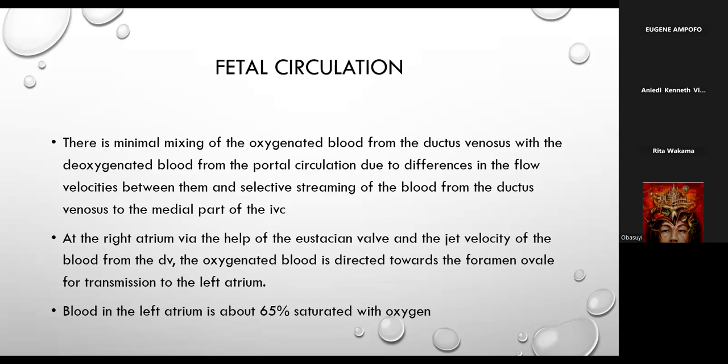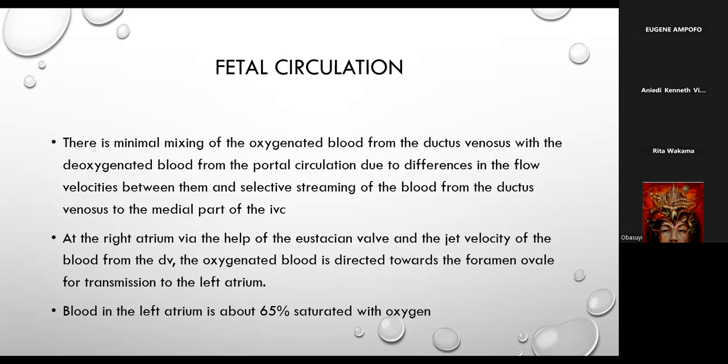At the entrance of the right atrium is a eustachian valve that directs the velocity of the blood from the ductus venosus towards the foramen ovale, whereas the other deoxygenated blood is directed towards the right atrium proper and then into the right ventricle, such that the blood that is now in the left atrium is that with high oxygen saturation coming from the umbilical vein through the ductus venosus and then to the left atrium.